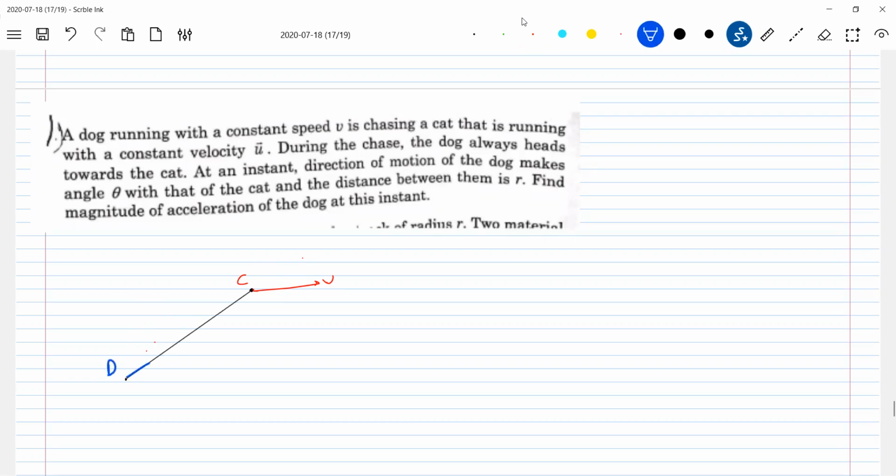This is the dog. Okay, this should be the exact diagram. I'll bring in some dotted line. So this angle is theta, and this distance is r. So it's asking to find the magnitude of acceleration of the dog at this instant.